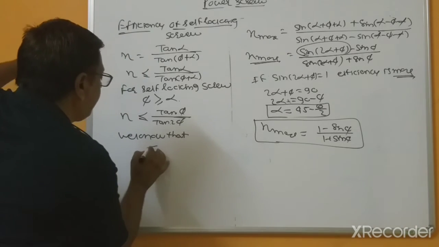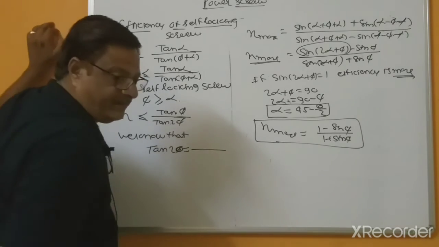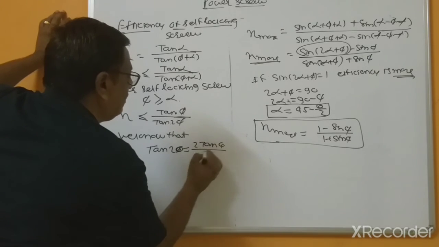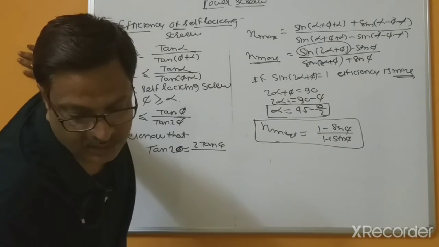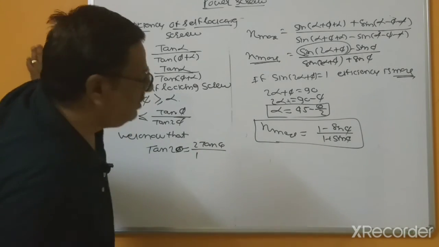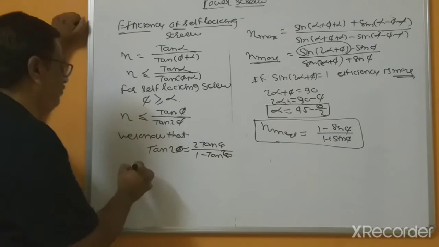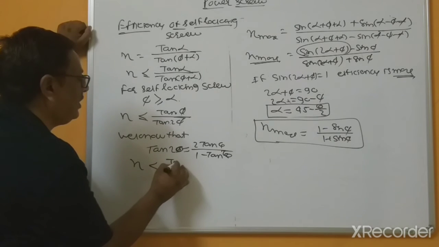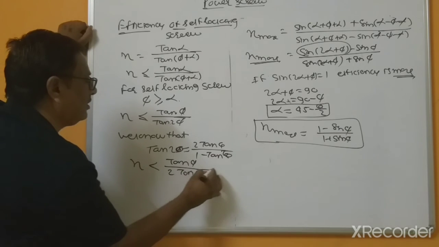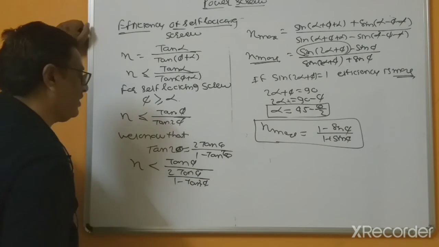Tan 2 theta equals, the formula is 2 tan theta divided by 1 minus tan square theta. That's why we can write, this is equal to tan phi, and this is 2 tan phi divided by 1 minus tan square phi.